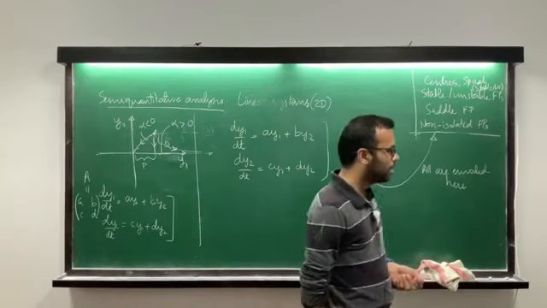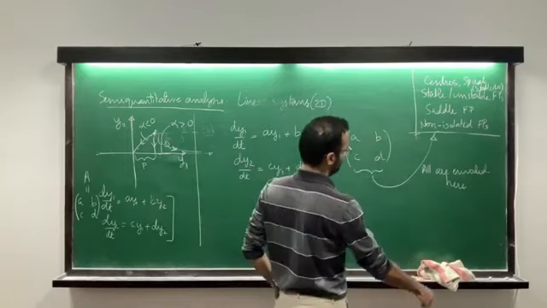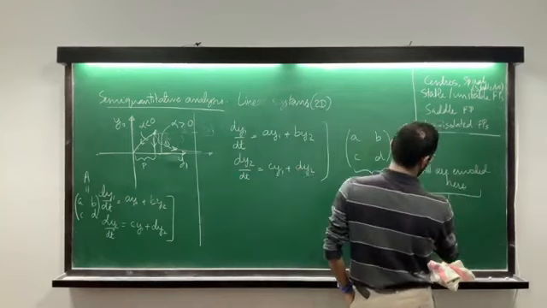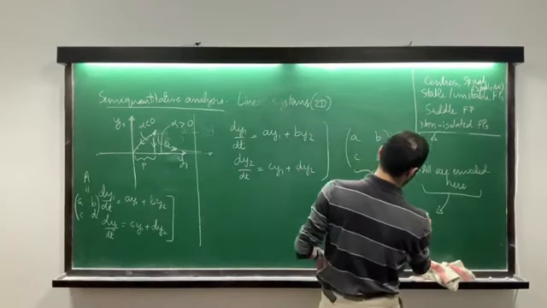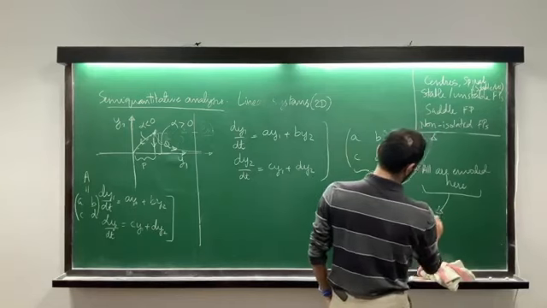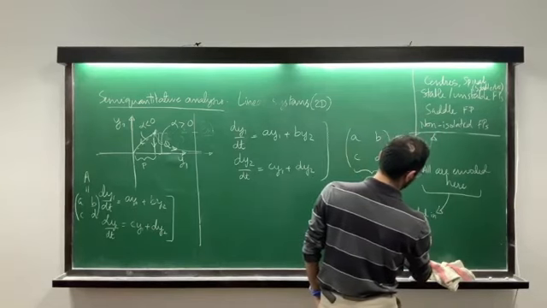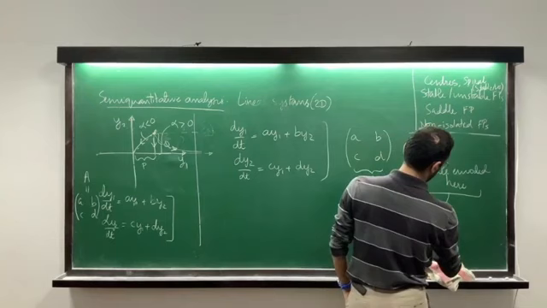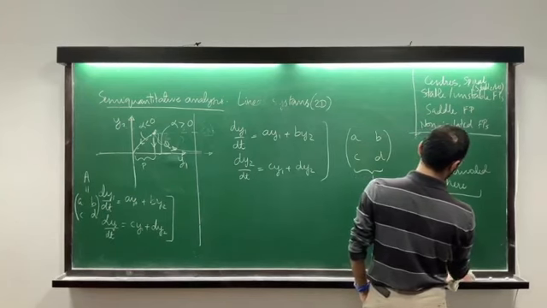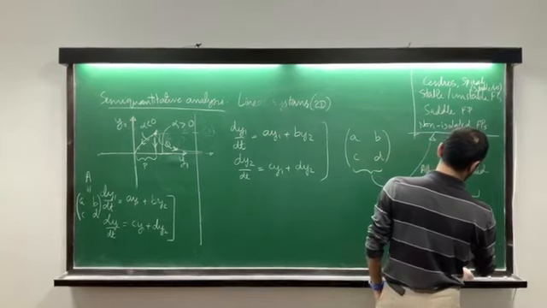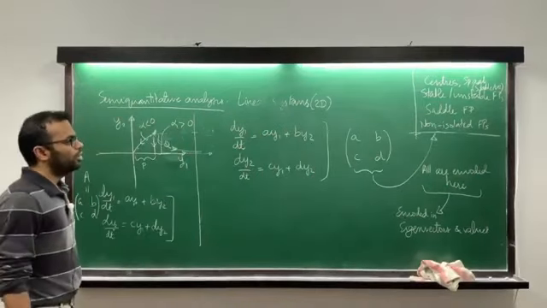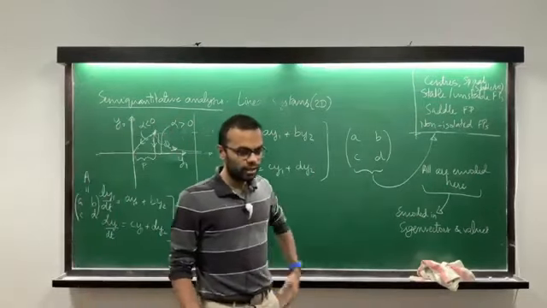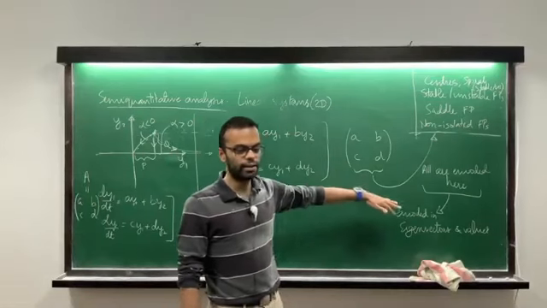So presumably these behaviors are encoded not just in the entries A, B, C, D, but in the eigenvalues and eigenvectors. Really, all you have to do is look at the eigenvalues and the eigenvectors of the matrix.